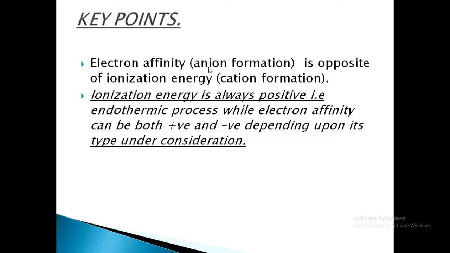Ionization energy, as we know from our previous knowledge of AS, is always positive. That is, this reaction is an endothermic process. While electron affinity can be both positive and negative depending upon the type under consideration.